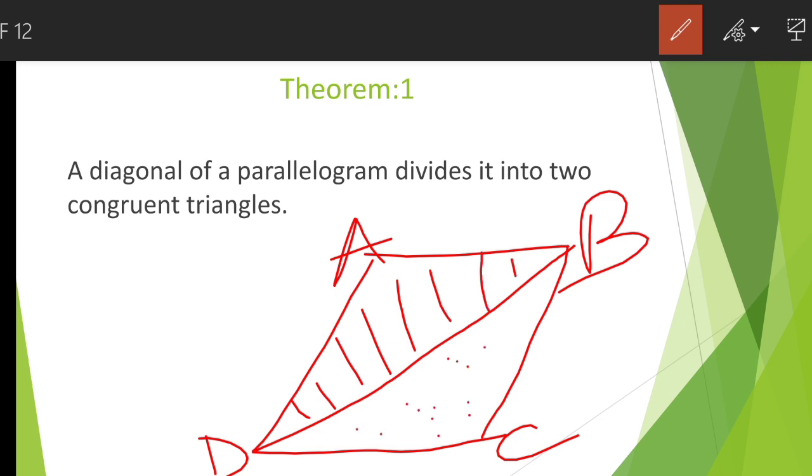Congruent means equal in sides, equal in angles. In this case, BD is the diagonal that I have considered, and the two congruent triangles are ABD and BCD.